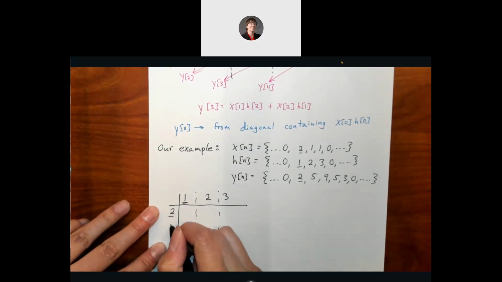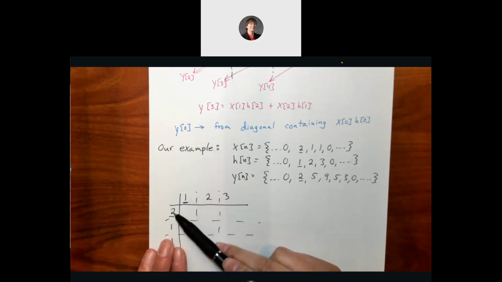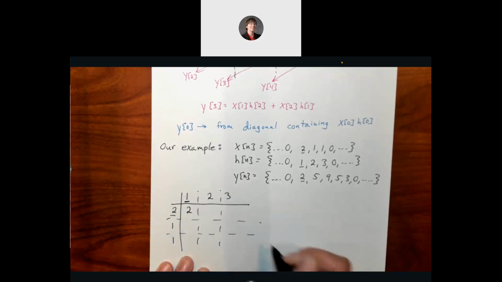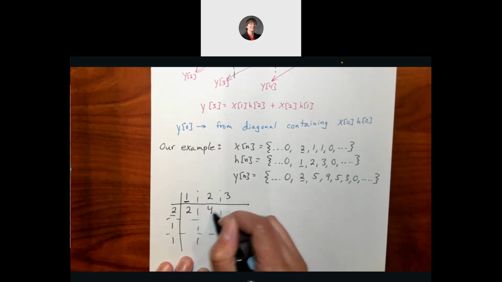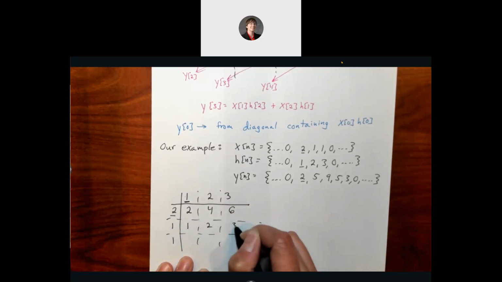And I take my x's to label the rows. We have 2, 1, 1. And so for each of my elements, I take the column times the row. So we have 2 times 1 is 2. 2 times 2 is 4. 6.